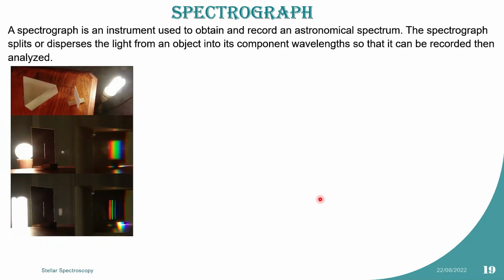This is the most basic and simple kind of spectrograph, which uses only a prism. This is a CFL lamp, and this is an LED lamp, where the prism splits the light into its multiple wavelengths, and you can see this pattern. You should try it at home if you have a prism.